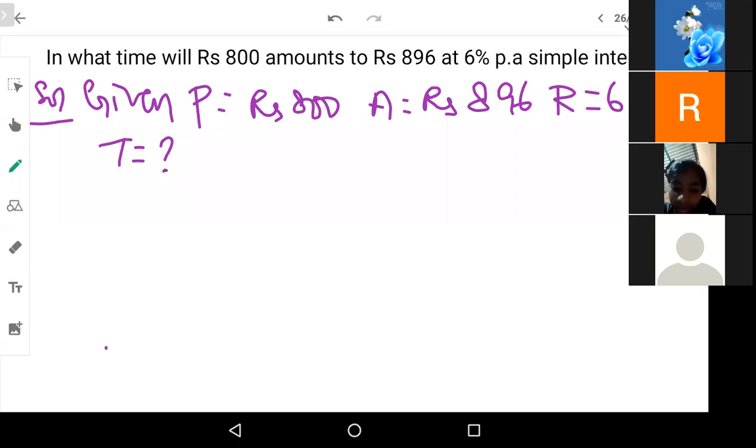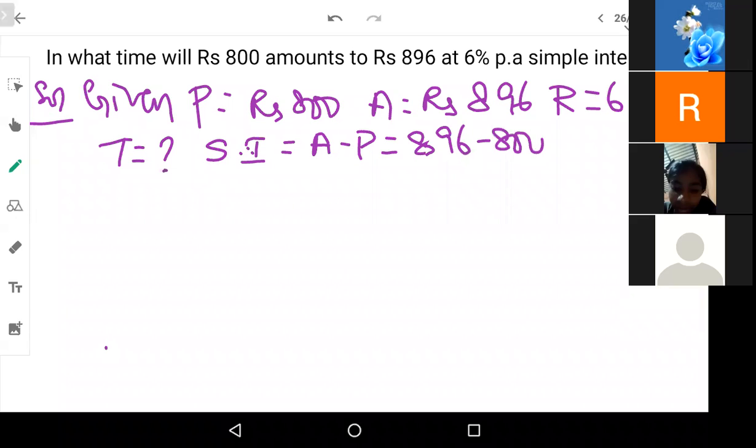But since we have principal and amount, we will be able to calculate the simple interest, that is amount minus principal, which is 896 minus 800, which will be 96 rupees.